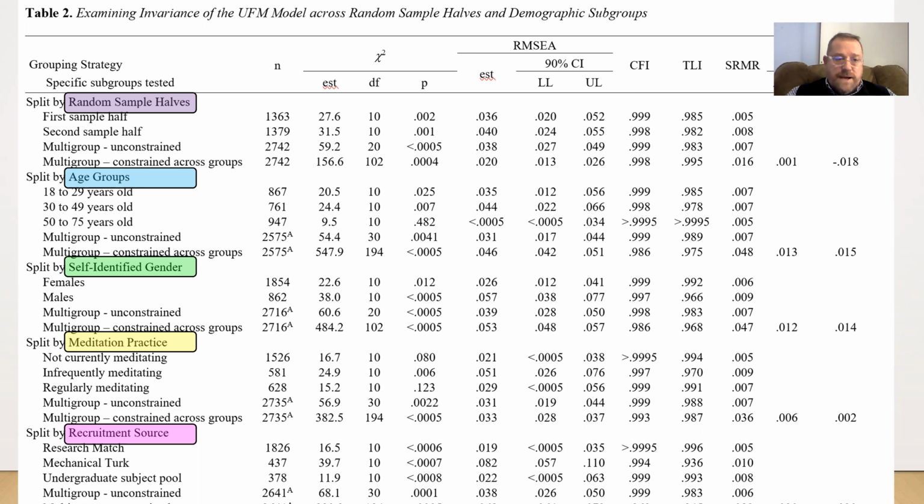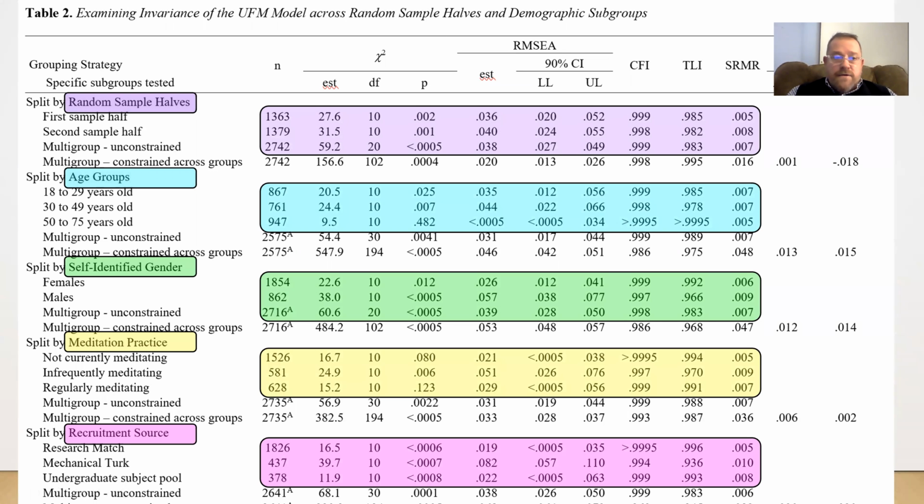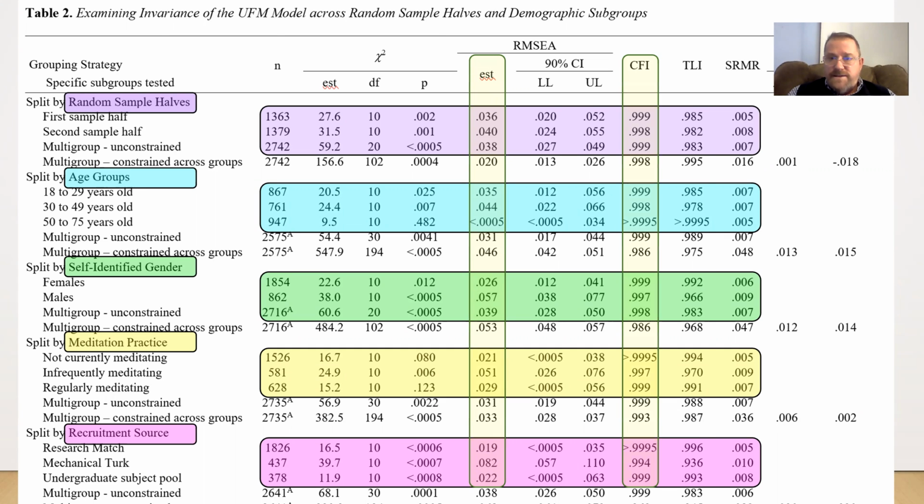Can you constrain it to be identical across age groups, across self-identified gender, across levels of meditation practice, and across recruitment sources? When we did that, the first thing you'll notice is that analyses in each subset, as well as the multi-group unconstrained, gave excellent fit, really truly outstanding fit as far as the RMSEA goes, the CFI, the TLI, and the SRMR.